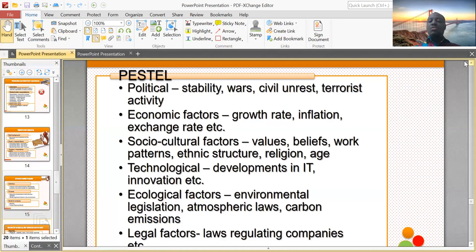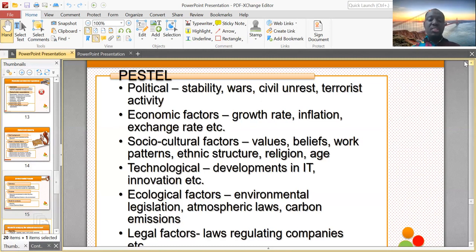Then there's also the sociocultural bit. One of the things you need to understand is that the values and beliefs of a people certainly affect your business. If you are located in a place where, probably, Sunday is a day of worship or Saturday is a day of worship, then that affects your business.